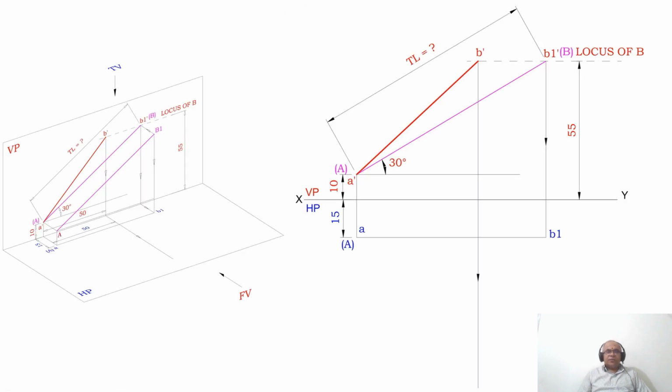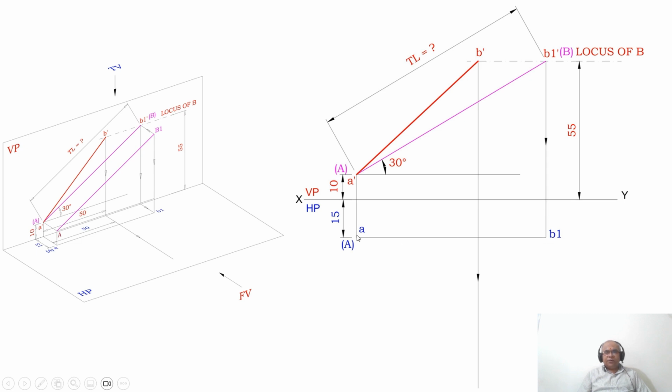Now the same thing we can do here. From B1 dash you draw a vertical projector to the top view, till the locus of A in the top view. That means A is in front of VP by 15 mm and B1 should also be in front of VP by 15 mm.